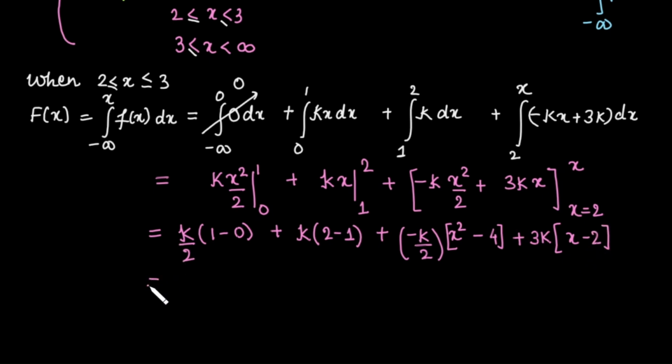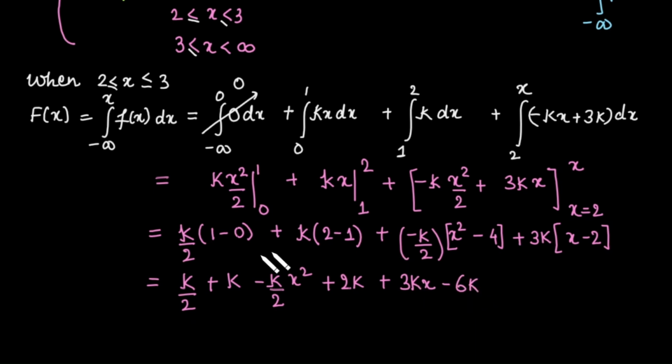Simplify this, this is equal to k by 2 plus k minus k by 2 x square. Here minus k by 2 into minus 4 is plus 2k plus 3kx minus 6k. More simplify this, that is equal to minus k by 2 x square, coefficient of x is plus 3k.